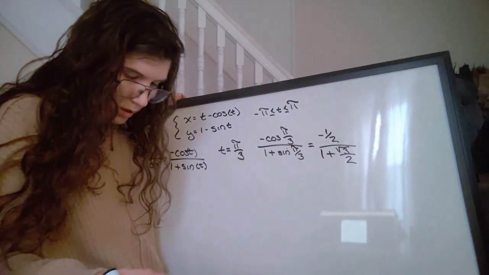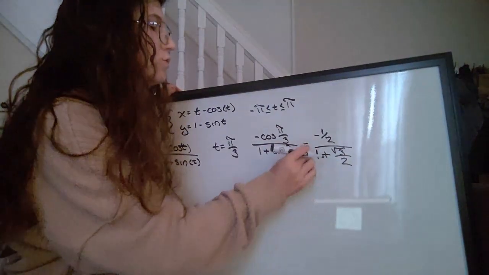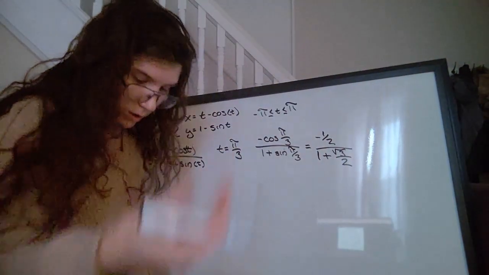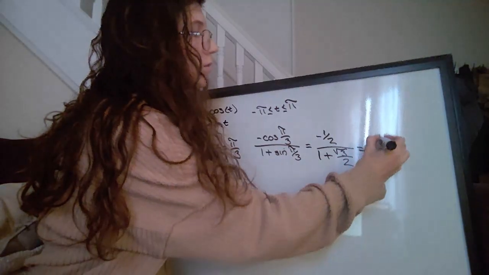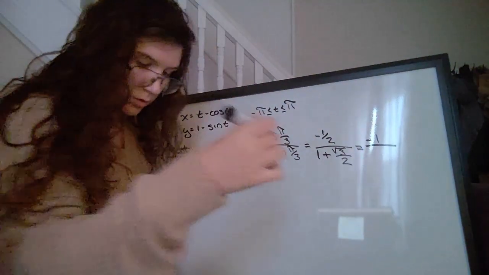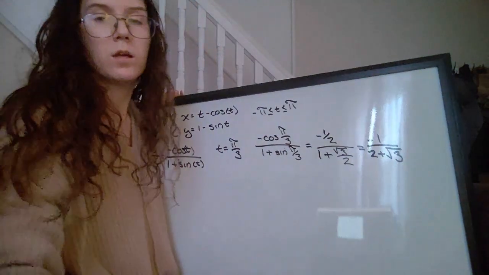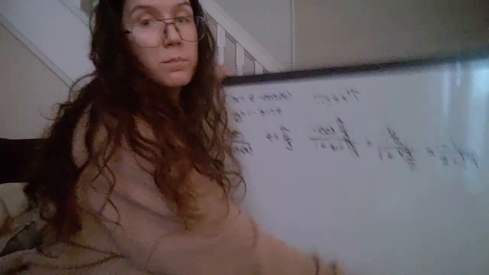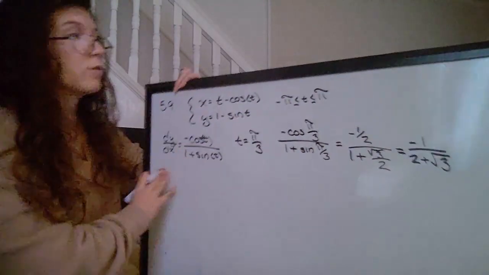So this just ended up being, I'm not going to go through the work because we could do 2 over 2 plus this, multiply by the reciprocal, da da da da da. Yeah, and that just leaves us with negative 1 over 2 plus root of 3. And yes, there is a radical in our denominator, but she did not care about that, so I'm certainly not going to radicalize my denominator. So that is our slope.